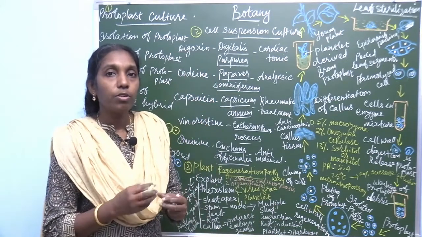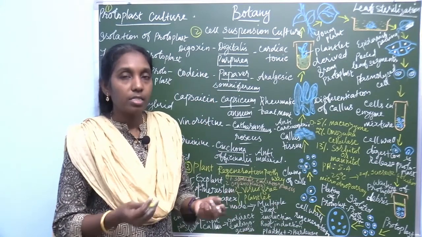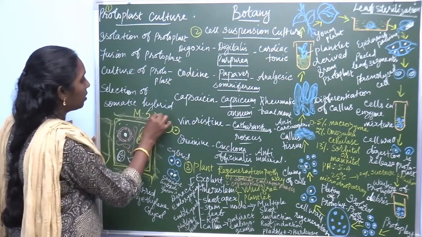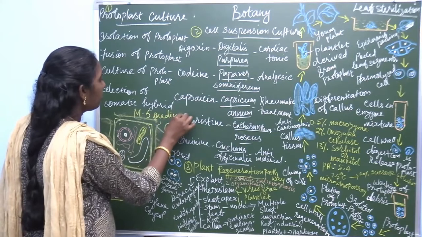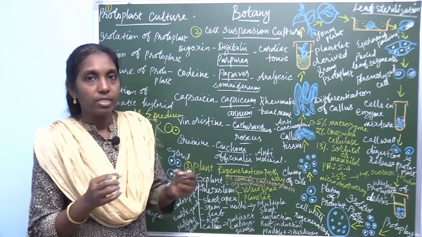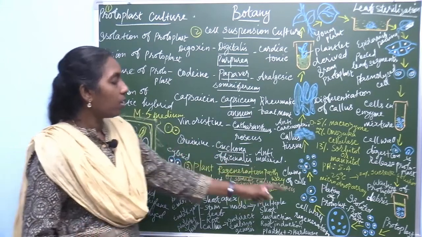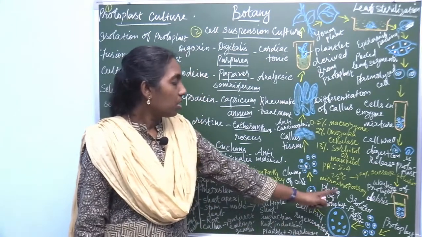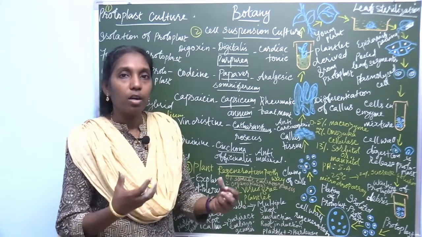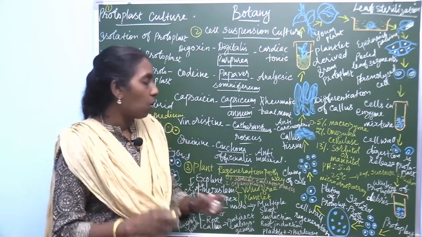So this is transferred to MS medium, Murashige and Skoog medium, with little modifications in the droplets, using the plating technique or micro drop array technique. Now these are allowed to produce a clump of cells.